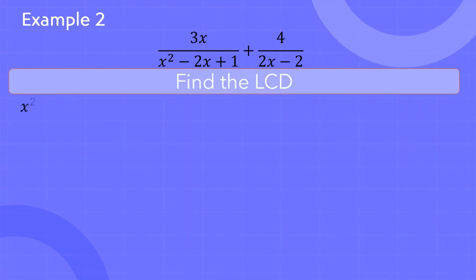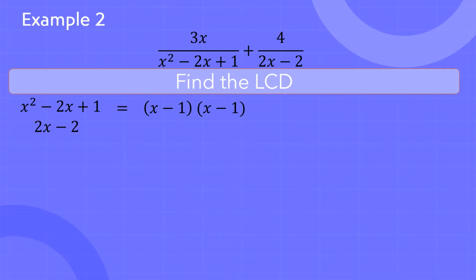Example number 2. 3x over x squared minus 2x plus 1 plus 4 over 2x minus 2. So, let's find the LCD. Kunin natin ang factors ng bawat denominator natin. Okay? So, x squared minus 2x plus 1 is a perfect square trinomial. So, we have now the factors x minus 1 times x minus 1.